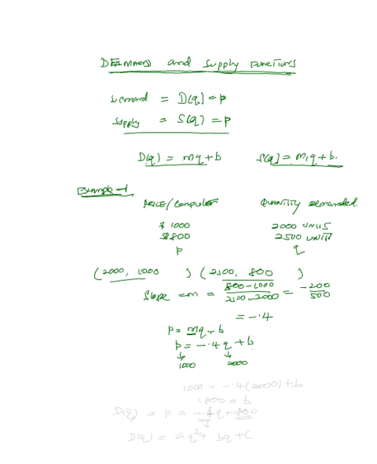So if I plug those numbers in place of P and Q, I have 1,000 equals negative 0.4 times 2,000 plus b. So b will become 1,000 plus 800, so 1,800. So the expected demand function is price equals negative 0.4 Q plus 1,800.